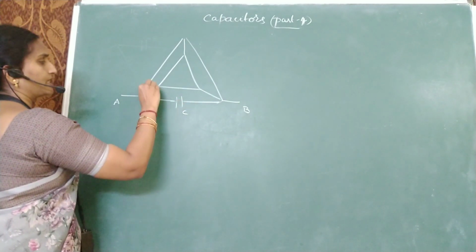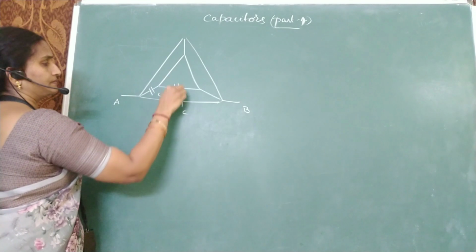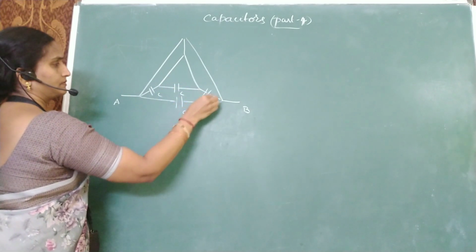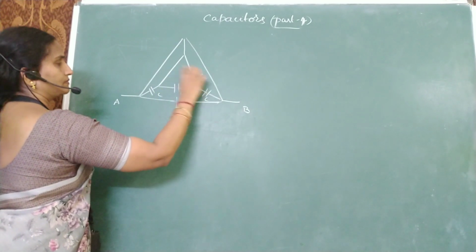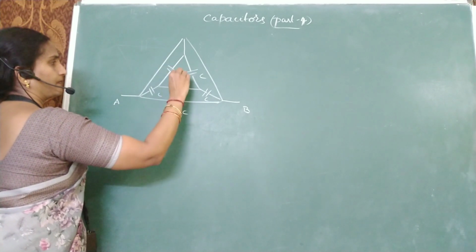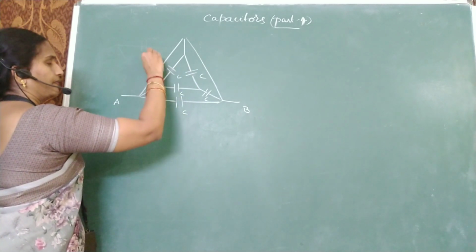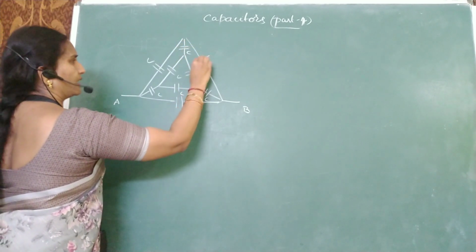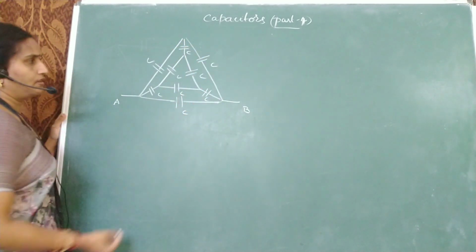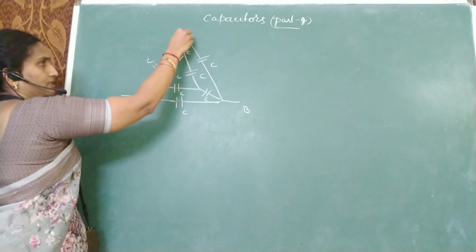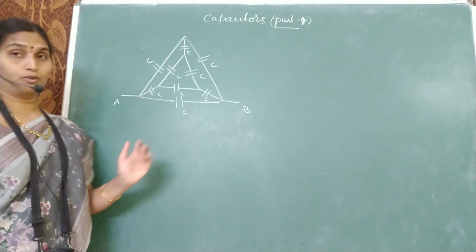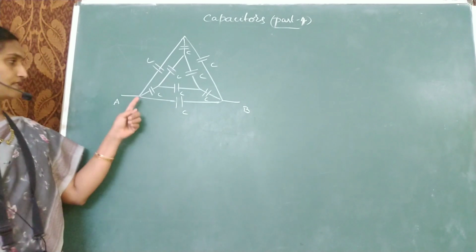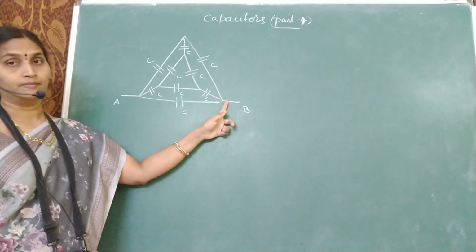I'll take all the capacitors as C. Any value may be given, but for simplicity I have taken it as C. And now you have to find out what is the equivalent capacitance across A and B.